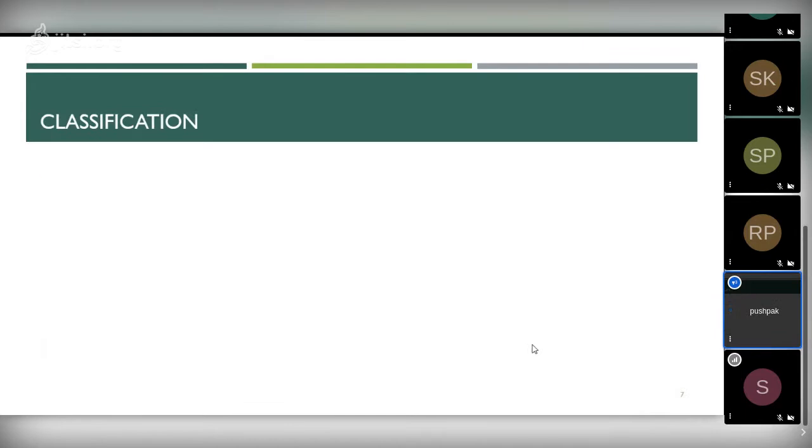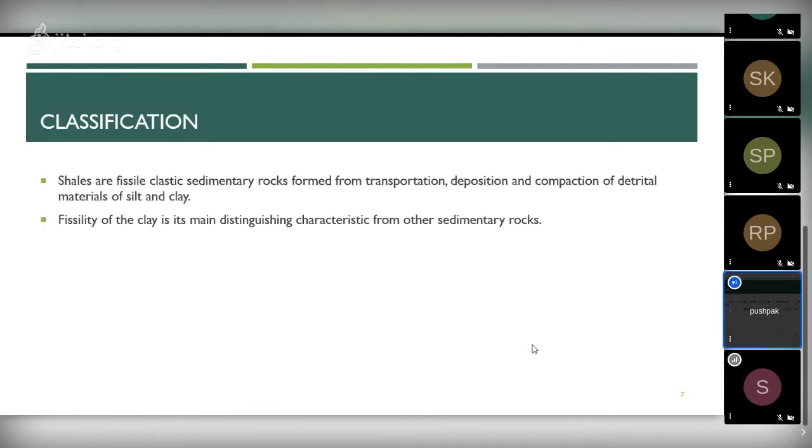Next is classification. Shales are fissile clastic sedimentary rocks formed from transportation, deposition, and compaction of detrital materials of silt and clay. The fissility of the clay is its main distinguishing characteristic from other sedimentary rocks.